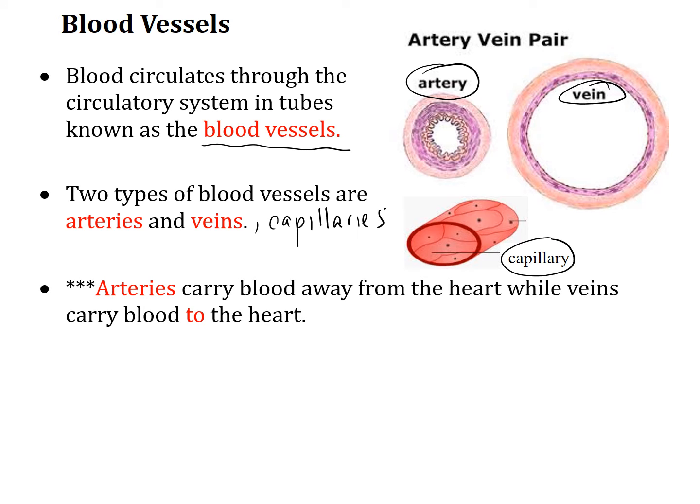Now the arteries, if you notice, have a thick wall. The wall of the artery is pretty thick, a thick muscular wall, as compared to the veins. The veins have a very thin wall, a thin muscular wall.